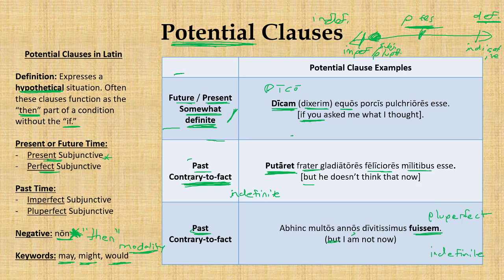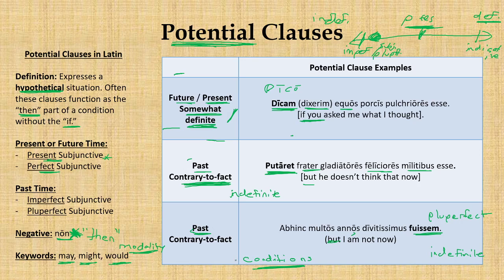So as you can see, the potential ideas can get a bit more complicated than the other ones. We're starting to move somewhat into the realm of conditions, and I think this is what potential subjunctives hint at, because this is one of the many applications of the subjunctives in dependent clauses.